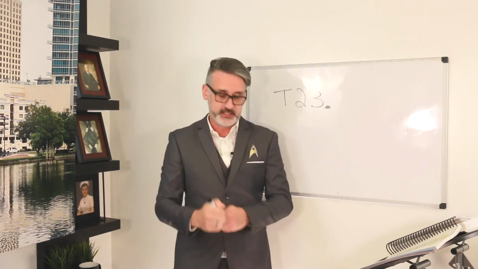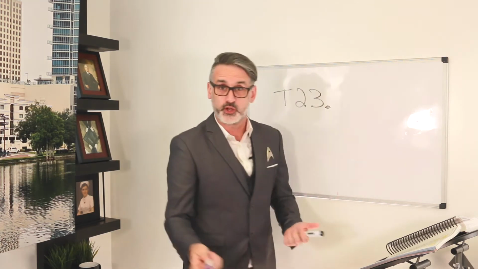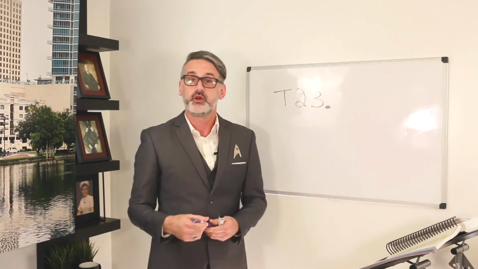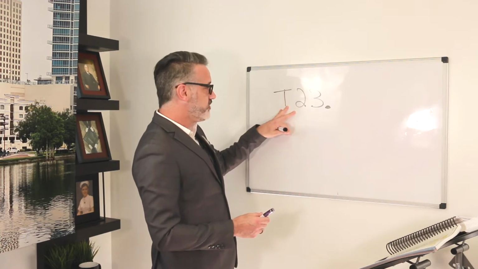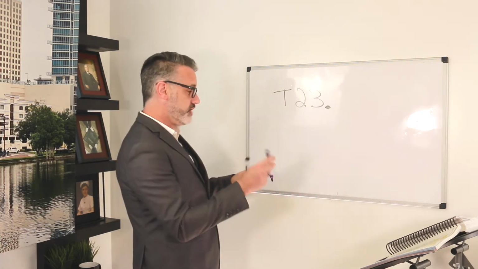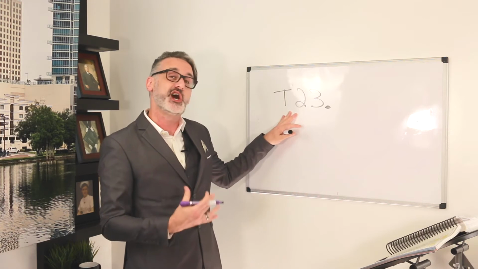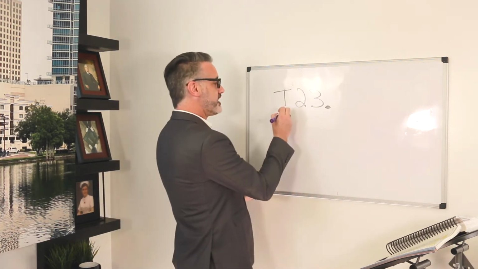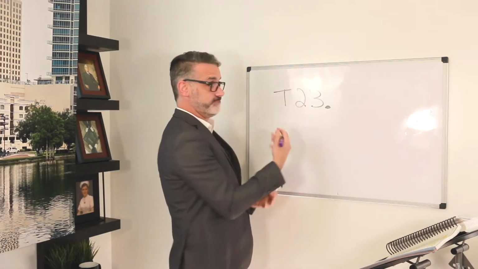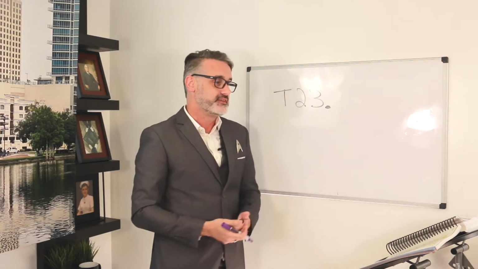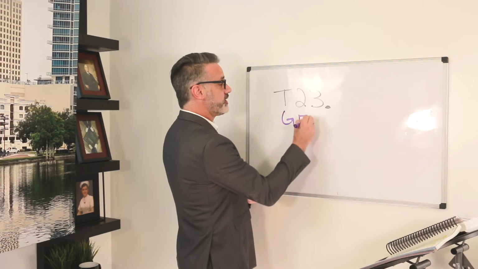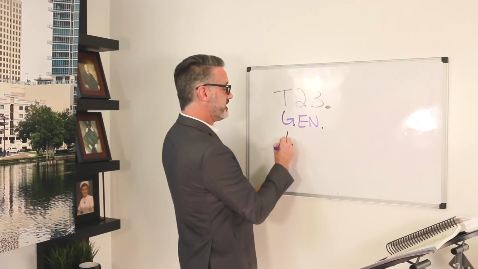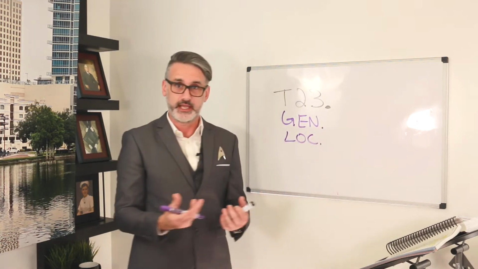With the T23s, if I look up that documentation requirements, it just says burn or corrosion of wrist and hand. So at that point, with just that code, T23, I know, is it either burn or corrosion? I don't know which one yet, but I know it's of the wrist and hand. So that just tells me the generic location. And I'll just do GENLOC for generic location.